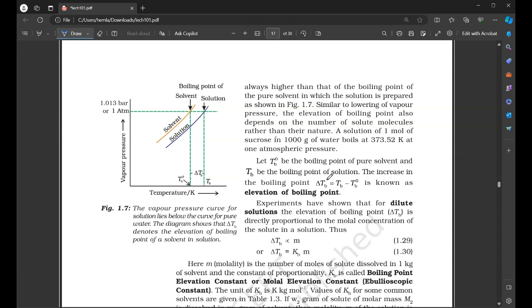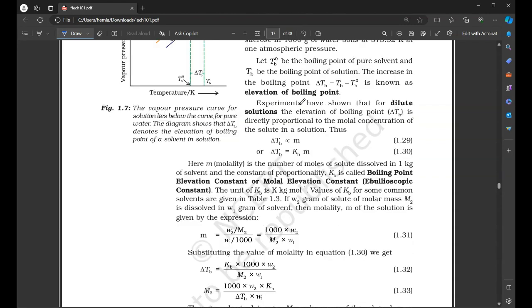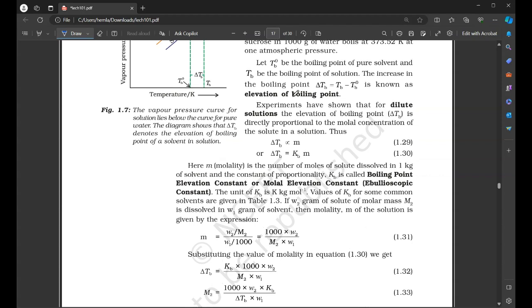So delta Tb is the elevation of boiling point. Delta Tb is equal to Tb minus Tb naught: the boiling point of the solution minus the boiling point of the pure solvent. Experiments have shown that for dilute solutions, the elevation of boiling point is directly proportional to the molal concentration of the solute.